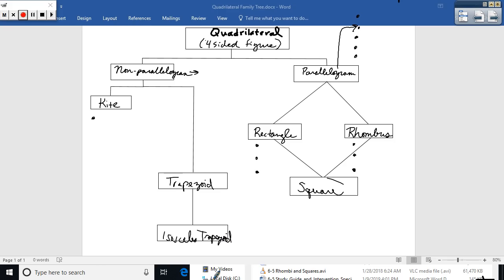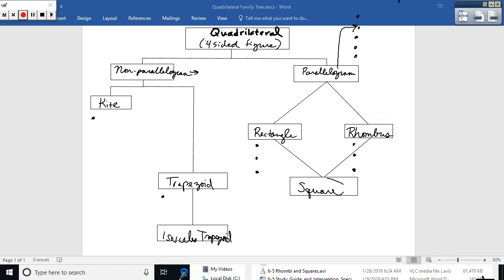Now for the trapezoid, I just put down one little bullet point here, and that was this, that in the trapezoid we have exactly one pair of parallel sides. A trapezoid consists of exactly one pair of parallel sides.